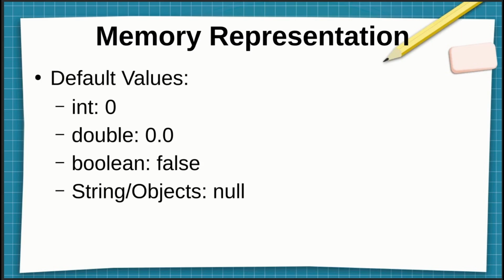If it is an integer array, all those memory slots are filled with zeros. If it's an array of type double, we expect to get this. If it's an array of boolean, we expect all of them to be initialized to false. If it is an array of string or objects, we expect everything to be initialized to null. That's the expectation. All these we're going to look at when we get to the practical aspect of arrays.